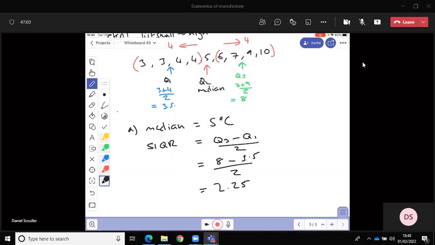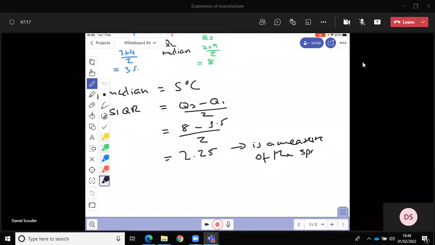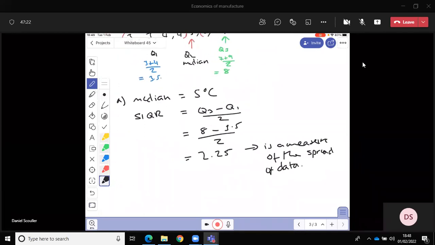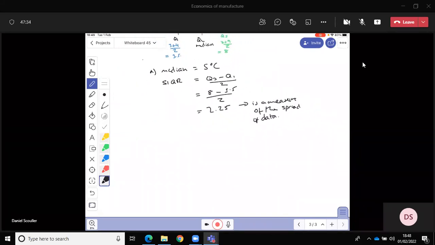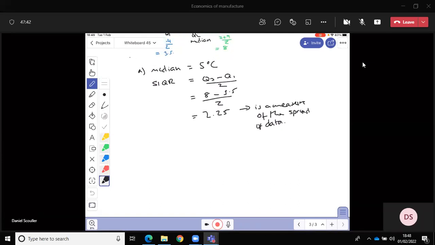So this is a measure of spread of data. Sometimes that's quite important, how far out these numbers are spread. Second part of the question will give you something to then compare those figures to, that median and that semi-interquartile range.